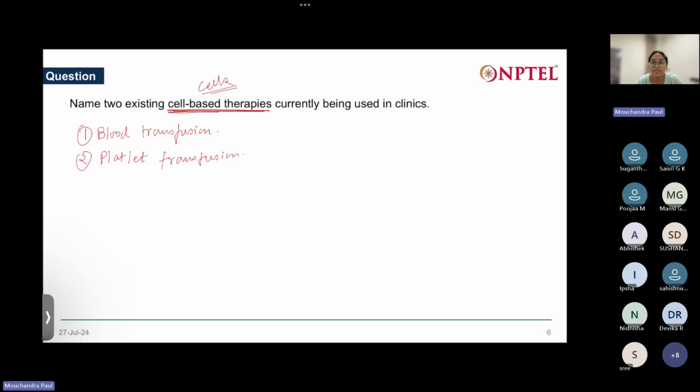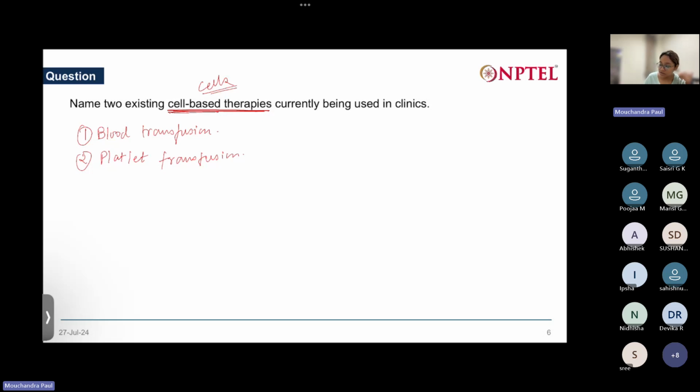In that case, people take blood from the blood bank of the same blood group and donate it. Similarly, in people who have a condition where the clotting doesn't happen, because of which blood is continuously lost from the body, people routinely give platelet transfusion. Platelets can trigger the clotting cascade and allow the formation of blood clots.